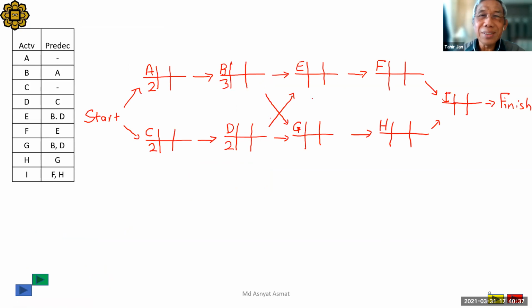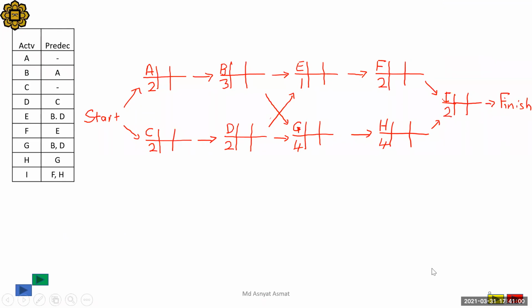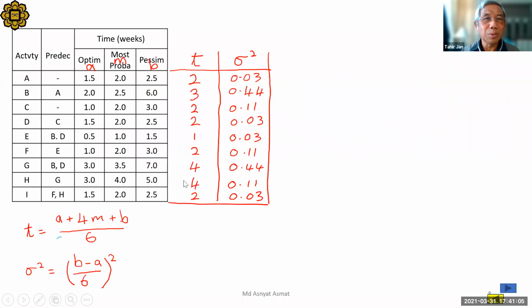E is 1, F is 2, G is 4, H is 4, and the last one is 2. Okay, double check. E, F, G, H, I: 1, 2, 4, 4, 2. Are we happy?